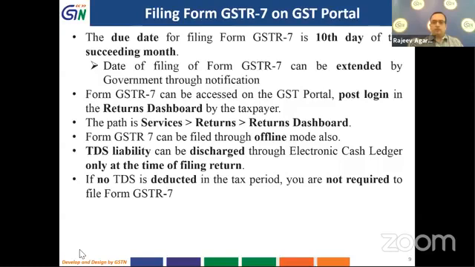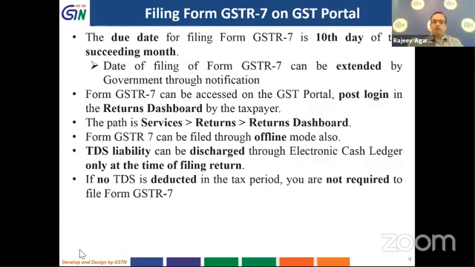The path is Services, Returns, and then Returns Dashboard. We will see how it translates into the portal. Then the details in section 3 and section 4 can be filed through offline mode also. We are not going to cover this in this webinar. We are going to cover this in another webinar later on. Then TDS liability can be discharged through the electronic cash ledger only, at the time of filing the return.